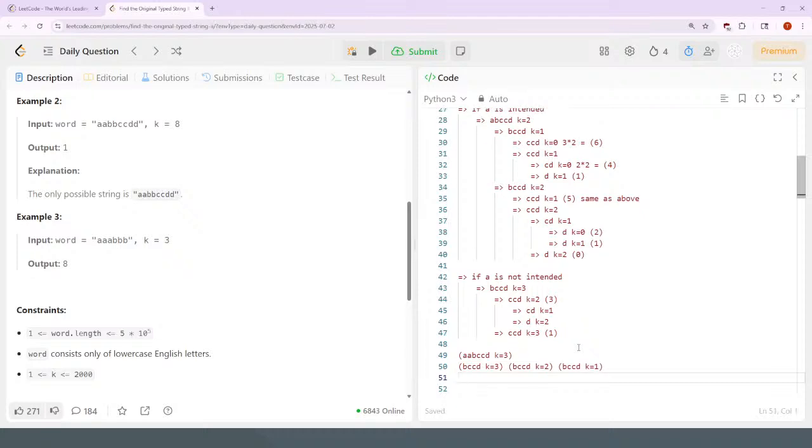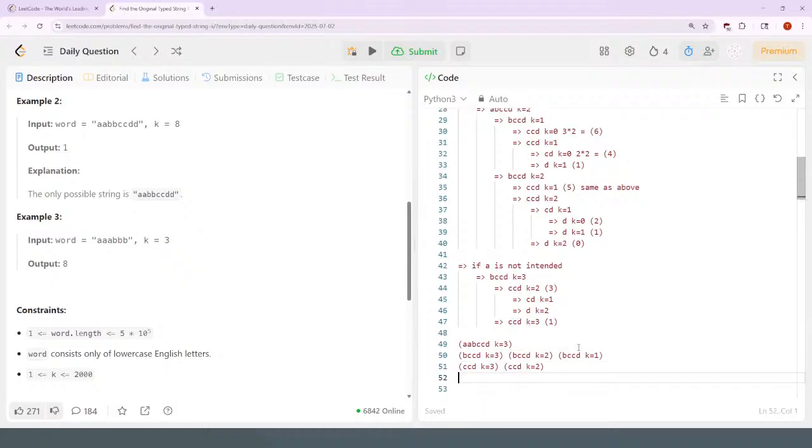And then B, C, C, D, k equals 3 transitions to C, C, D, either k equals 3 if the B was not intended, or C, C, D, k equals 2 if the B was intended.